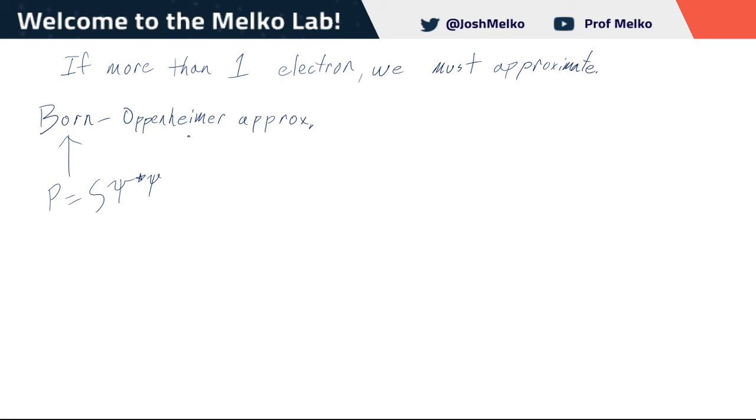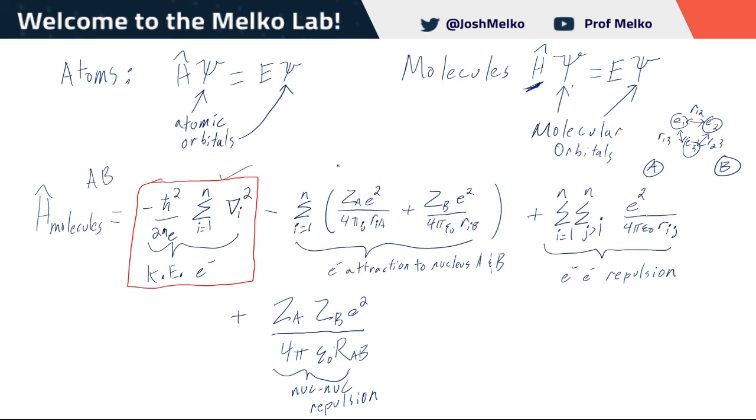Once we started writing the molecular Schrodinger equation, we had to simplify things. The Hamiltonian that we wrote back here is for a molecule.